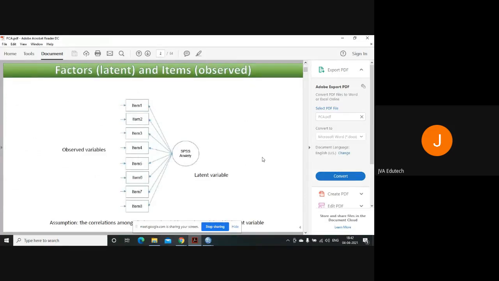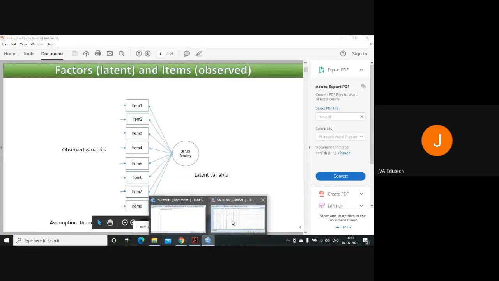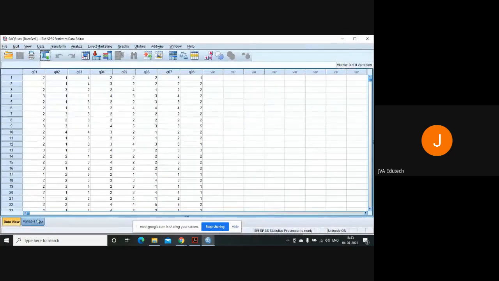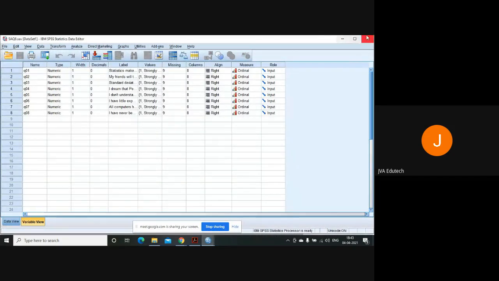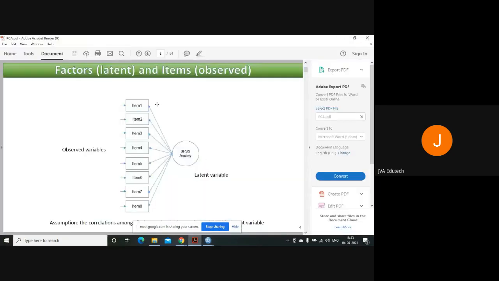Okay. So we have common variance and total variance. If total variance is explained by the common variance, there is no unique variance. Like if you see, we have all these 8 questions, and all these 8 questions share a common variance, that they are explaining the anxiety towards SPSS.